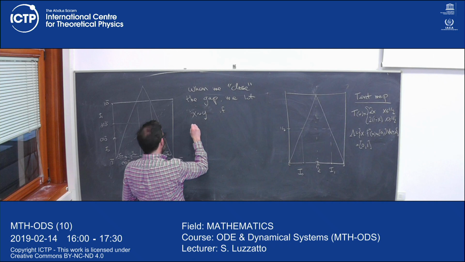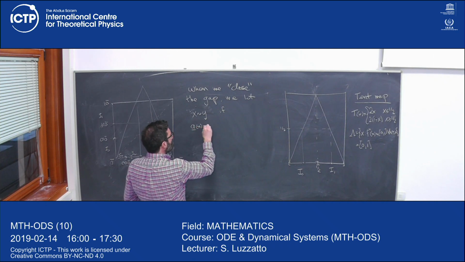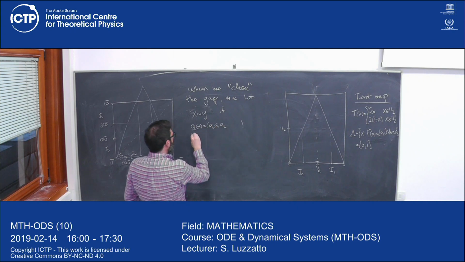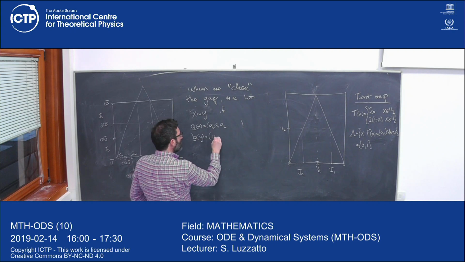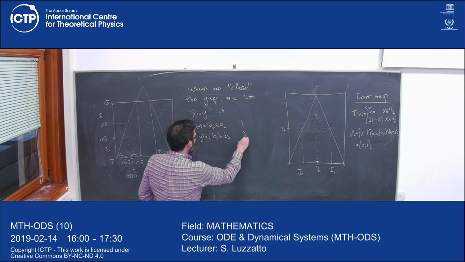Let's see if I can write this. So we have the sequence a bar of x is equal to a0, a1, a2, and so on, and then we have the sequence b bar of y is equal to b0, b1, b2.